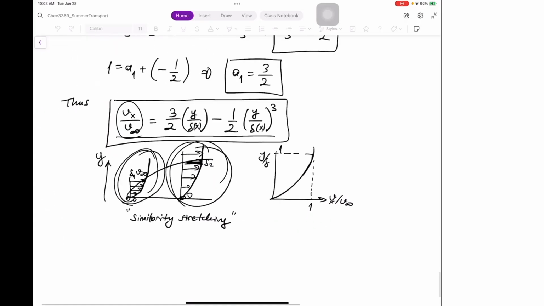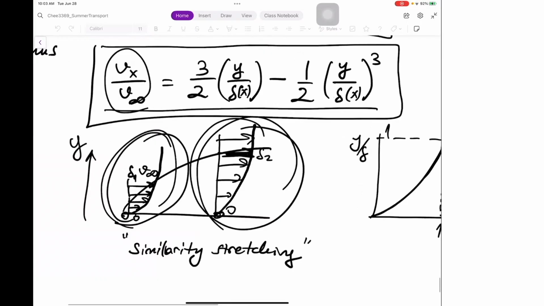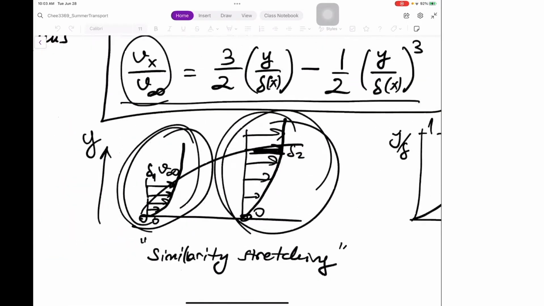Okay. Although you just zoom in and zoom out depending on what the value of the x is, so you can get a larger delta for a larger x, but the dependency of the Vx over V infinity is strict to y over delta.